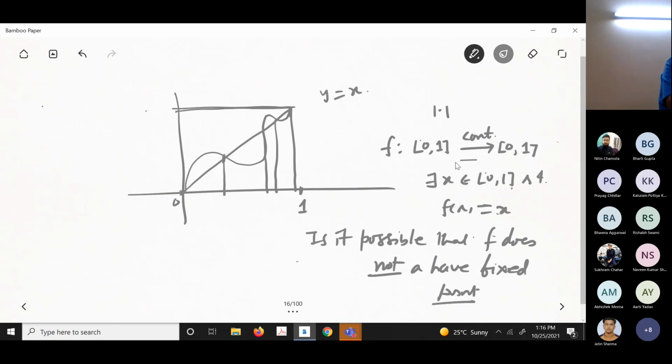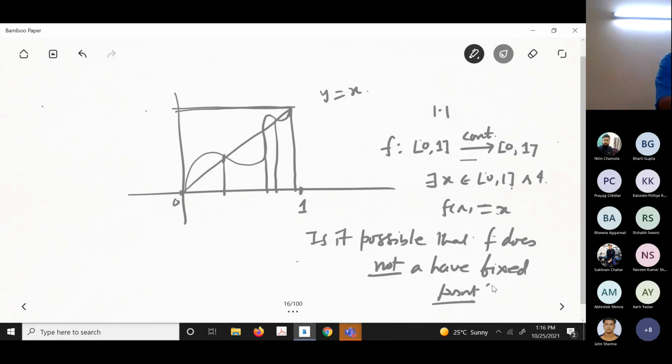For f(x) equal to x, you can take x square. Even though the identity function, of course, will have a fixed point. f(x) equal to x square, you see that 1 is a fixed point, 0 is a fixed point. Okay, so such a function is there.